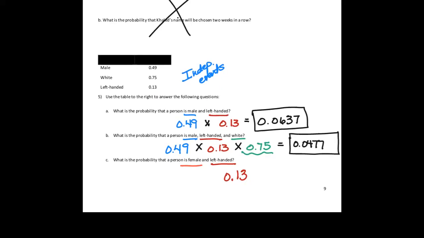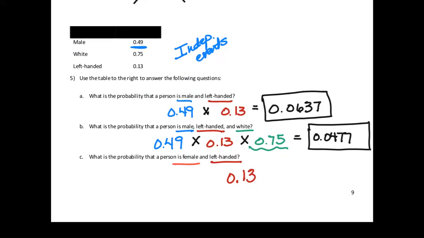Come on. So the probability that in a class you've got a male is 0.49. What's the whole probability? Not necessarily 100. You're close. You're thinking correctly, but it is.